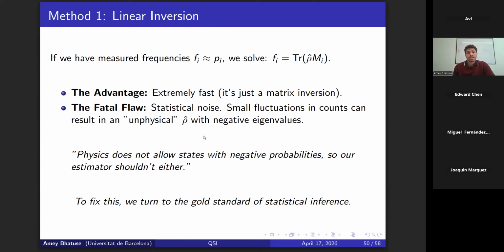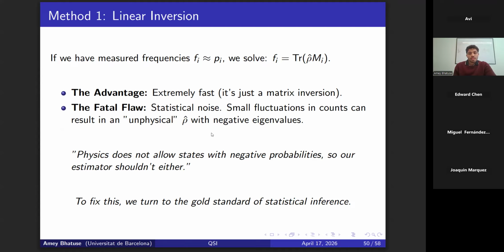You can have statistical noise, because small fluctuations in counts can result in an unphysical estimate of your density matrix, which has negative eigenvalues. And we know a quantum state is a positive operator. Physics does not allow states with negative probabilities, and so our estimator shouldn't either.